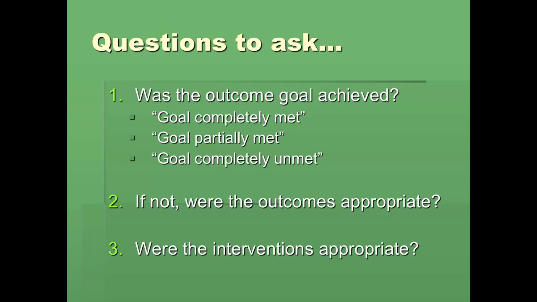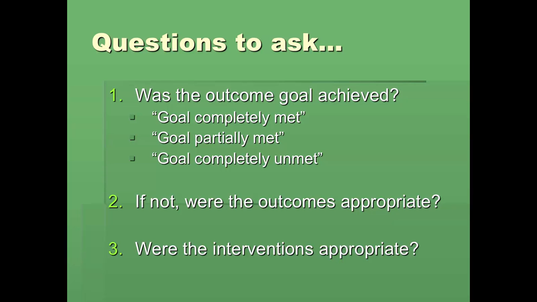If the answer is no, that the goal was either partially met or completely unmet, we might need to just continuously reassess, and we might find new data that would reveal that our outcomes were perhaps not appropriate. Maybe those outcomes weren't SMART enough, not specific, measurable, appropriate, realistic, or timely.